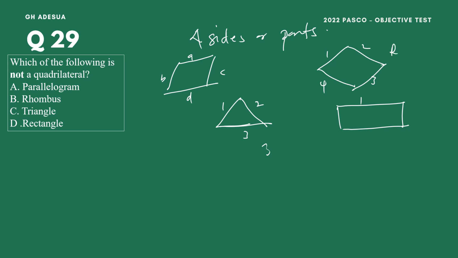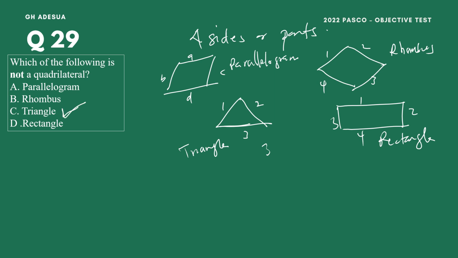So we have a rhombus, a parallelogram, a triangle, and a rectangle. The rectangle also has 4 parts. So this clearly means that the triangle is the right answer, as it is not a quadrilateral.